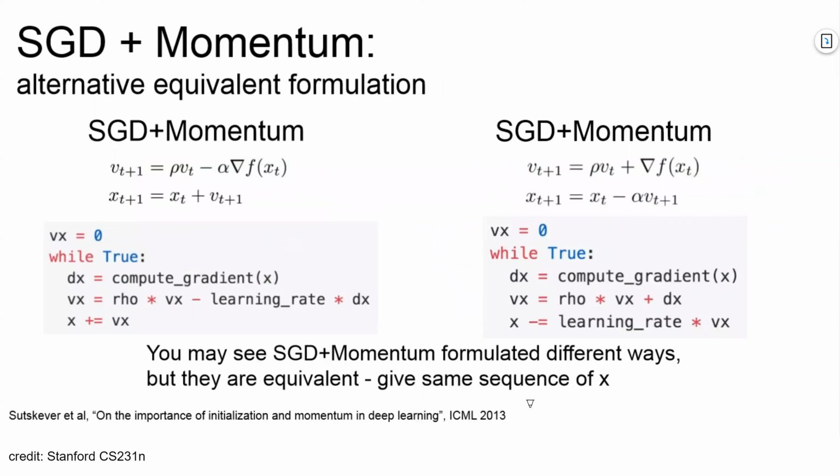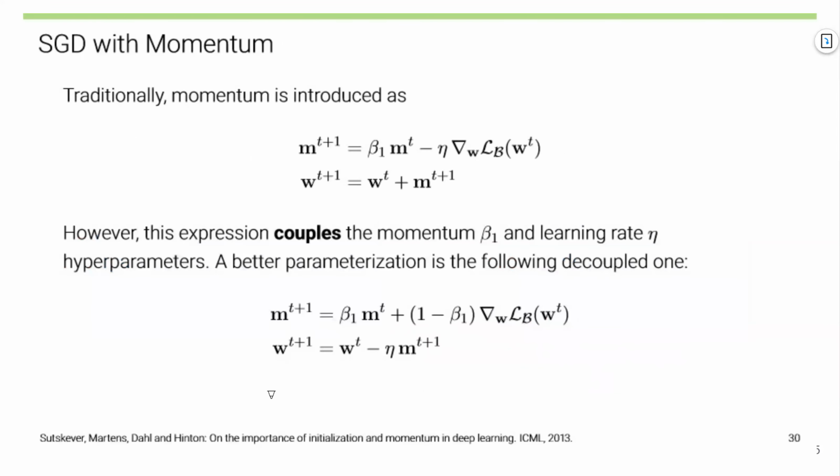I told you that there are alternative formulations, like we can put alpha here or here. Both are okay. You may see different formulations, but they are all equivalent and give the same sequence of x. Traditionally, momentum is introduced like this, but you could decouple the momentum and learning rate.